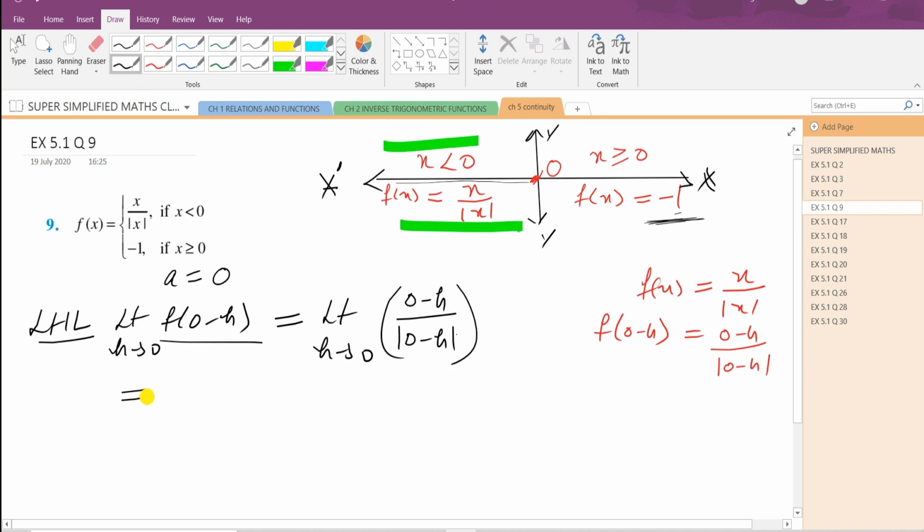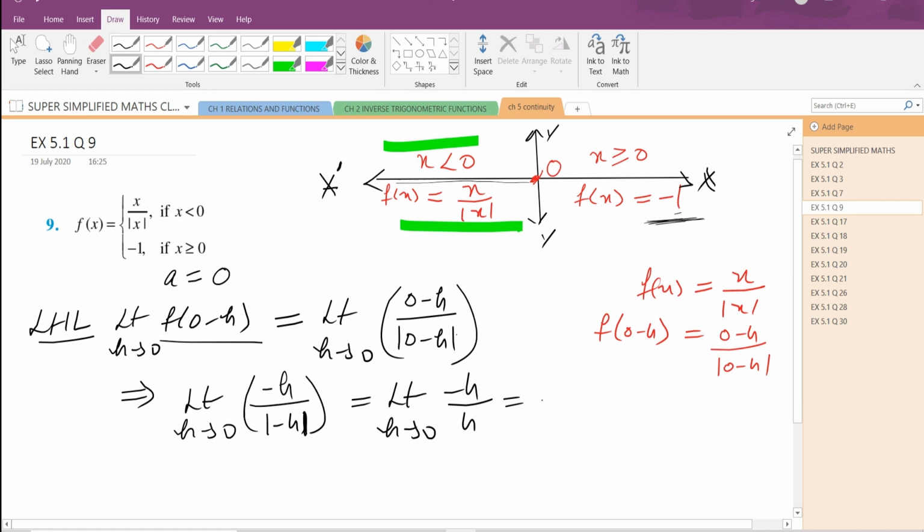That comes out to be limit h tends to 0 of minus h upon modulus of minus h, which comes out to be limit h tends to 0 of minus h upon h, which is limit h tends to 0 of minus 1. You can cancel minus h and h, and the limit of any constant is that constant. So the value of the left hand limit comes out to be minus 1.